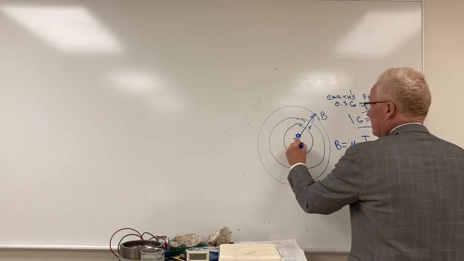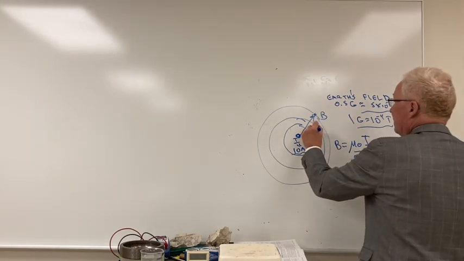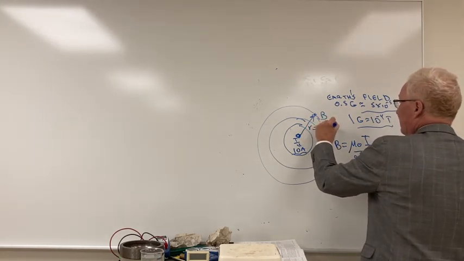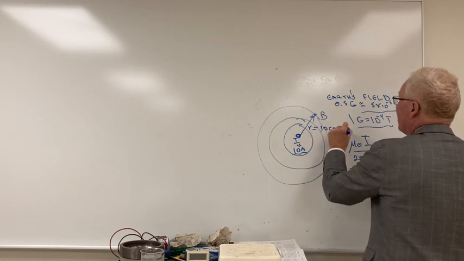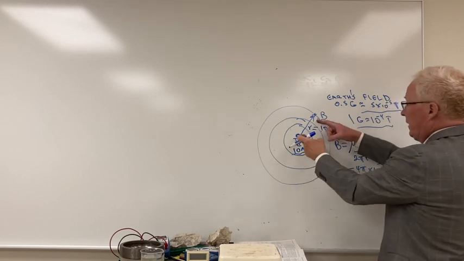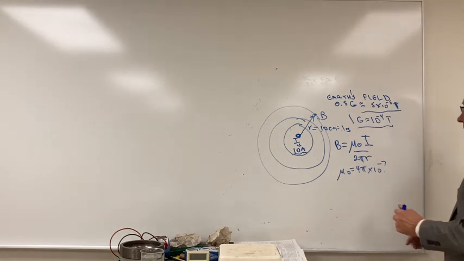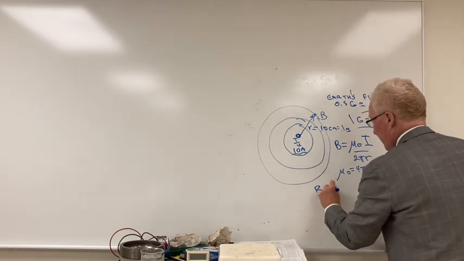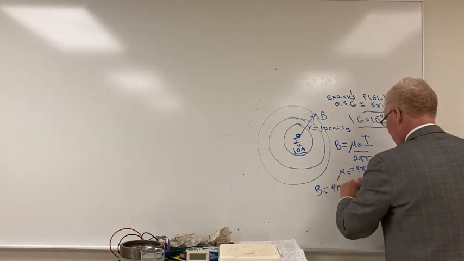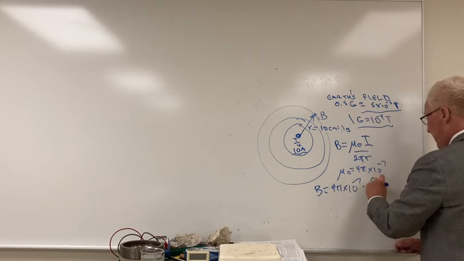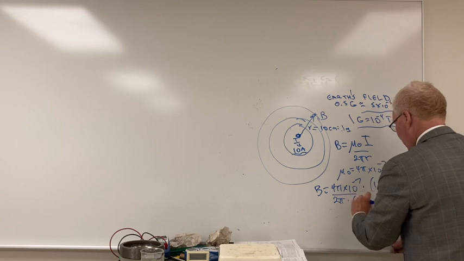So let's do one example. Let's say I is 10 amps, which is a pretty good current, and r is 10 centimeters, which is 0.1 meters. So it's about the right scale. And so what would B be? B would be 4 pi times 10 to the minus 7th times 10 over 2 pi times 0.1.